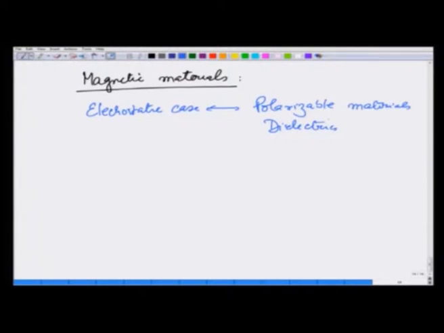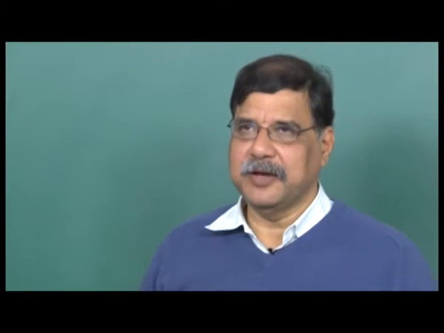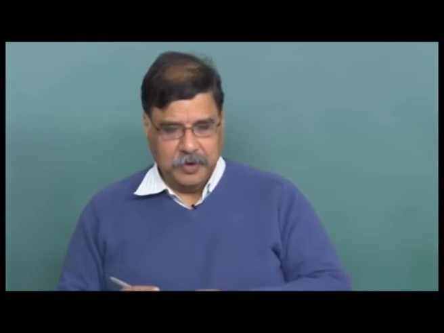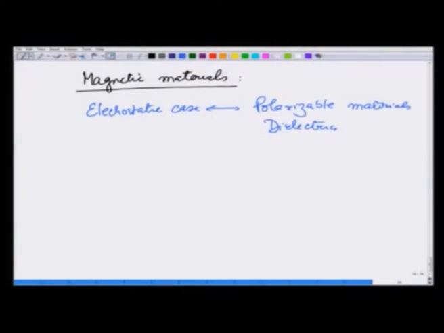Similarly, we have magnetic materials, where if you put them in a magnetic field, they get magnetized, they develop a dipole moment. The simplest example is if I take a magnet and bring a pin close to it, it gets attracted.